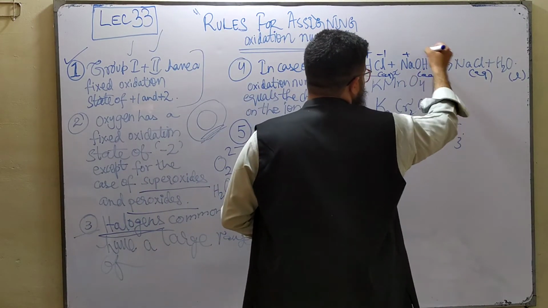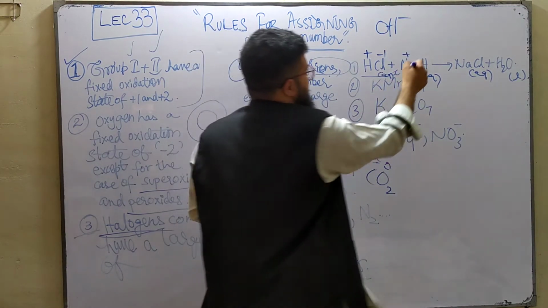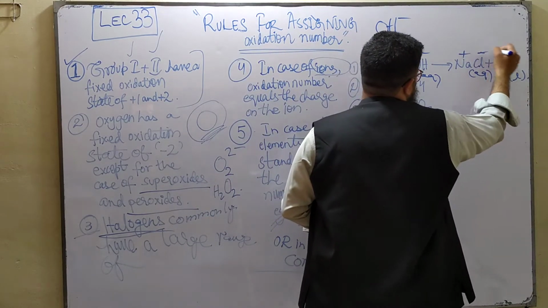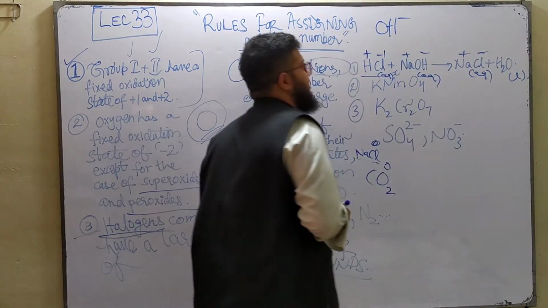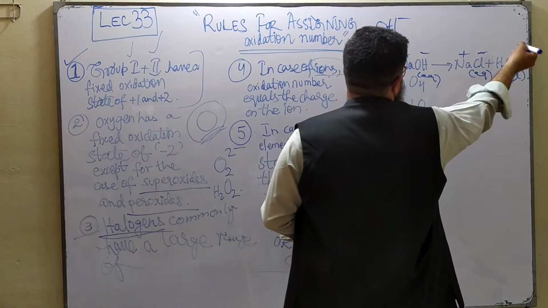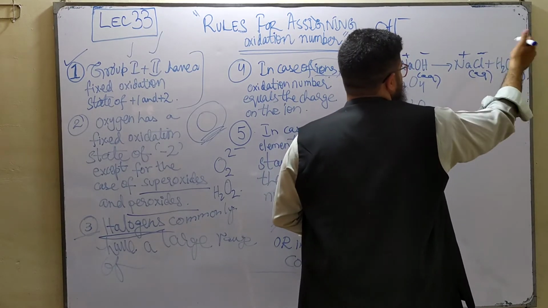OH entirely is an ion, right? OH negative is an ion. It has an oxidation number of -1 again. Now over here as well, sodium has a charge of +1 and chloride -1, and water is actually a neutral compound, so it's going to have a charge of 0, or you could assume it to be this way.